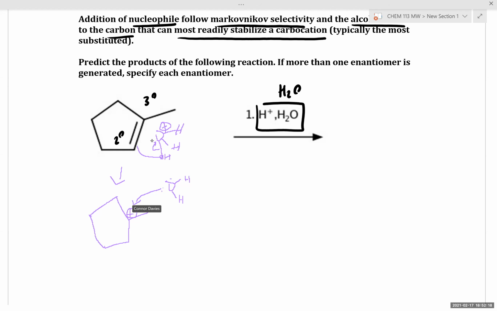We formed our desired carbon-oxygen bond. And there's a methyl on that carbon as well, since it's tertiary.